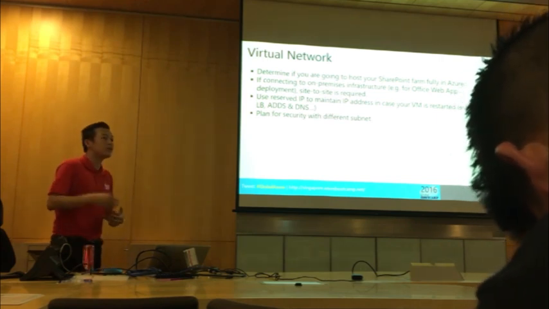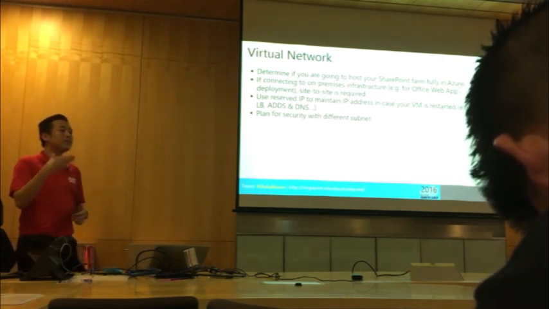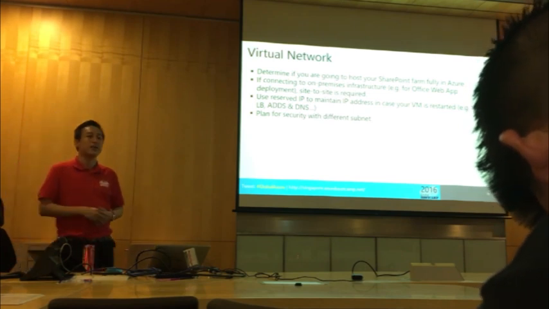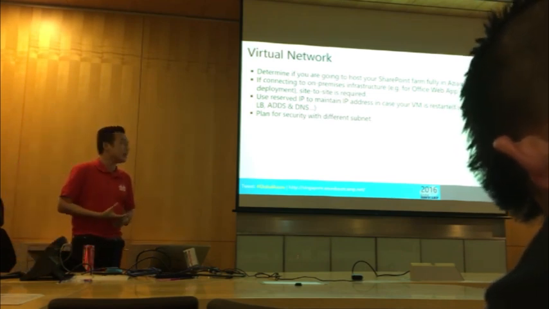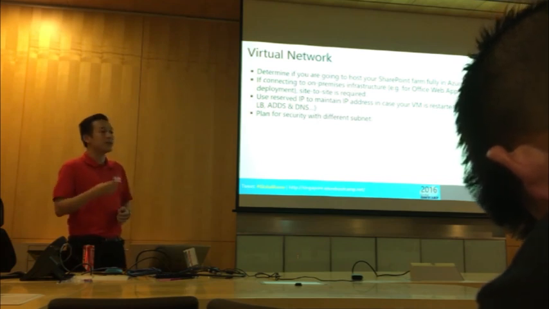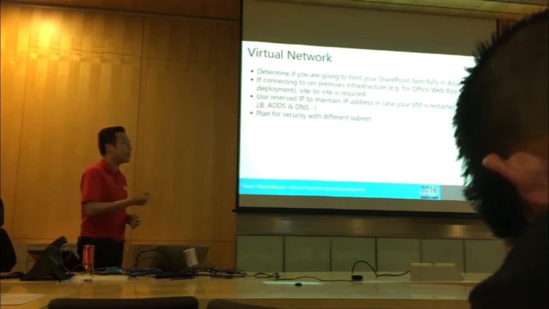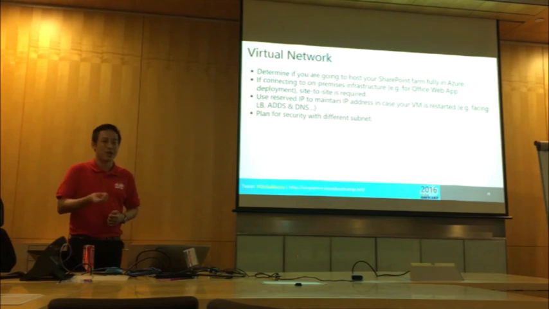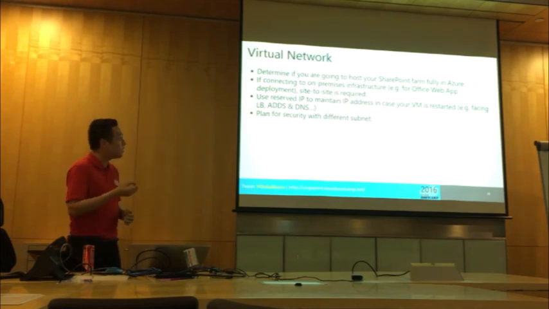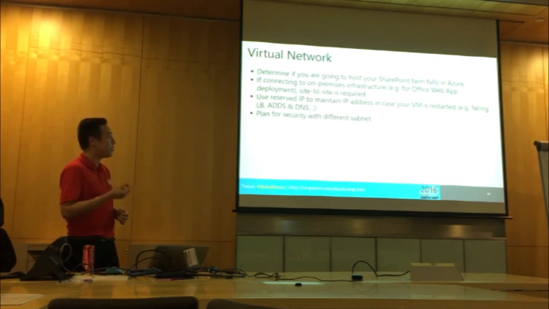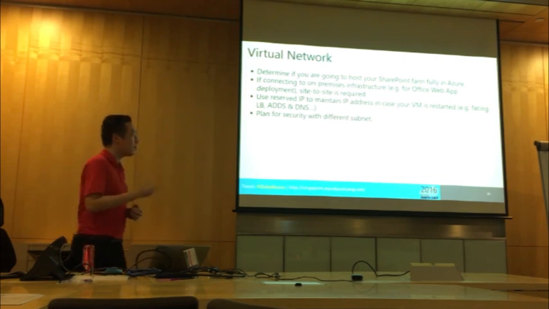Yes. For both networks, you need to maintain your IP addresses. If the VM is suddenly restarted or deallocated, then the IP address of that VM is changed. To have the VM maintain the IP address, you reserve an IP address.